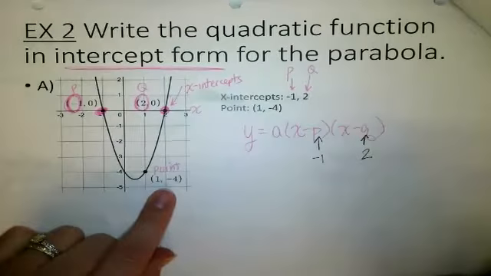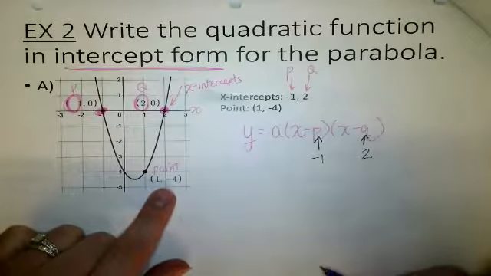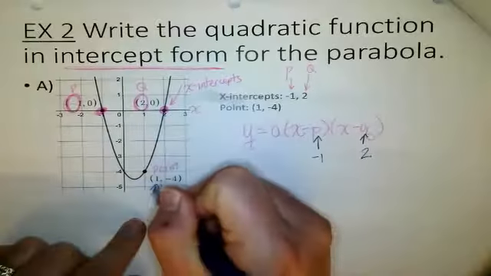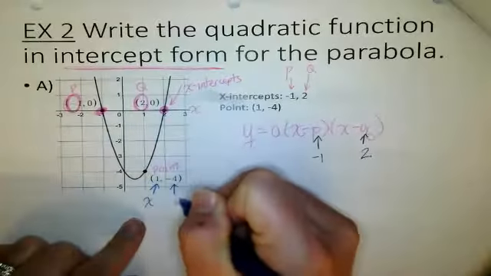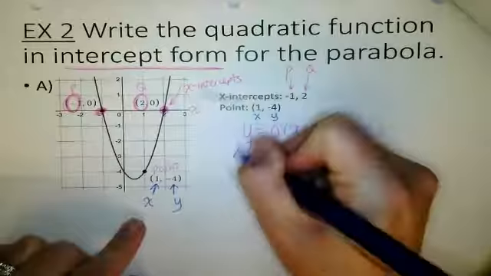Why did they give us a point? What do we do with that information? X and Y? Yeah, it's an ordered pair. It's information about x and y. So wherever you have a point, you get to plug that information in for x's and y's.